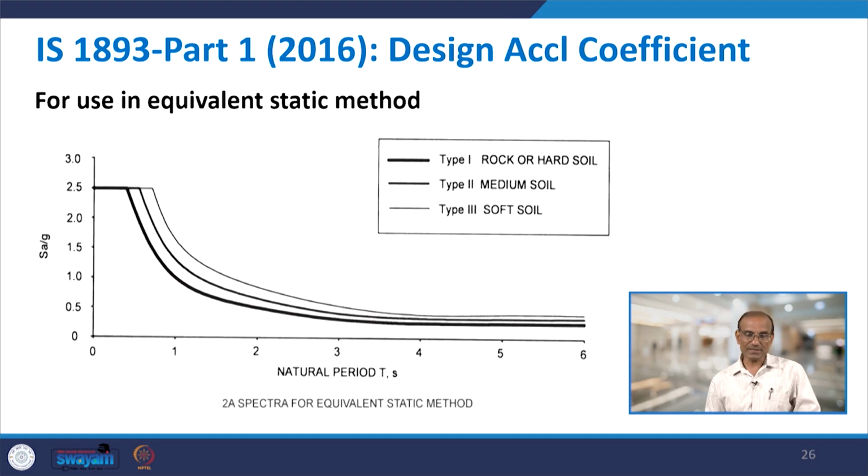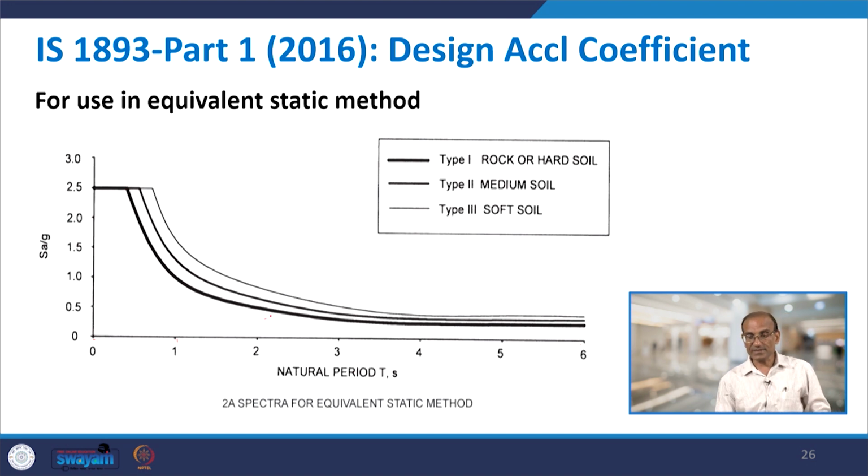Before the expressions, let us discuss the equivalent static method, where the variation of SA by G with natural period T is shown in this figure. Here you can see the natural period increasing from 0 to 6 seconds. Up to a certain value of period T, which is in any case less than 1, SA by G remains 2.5.